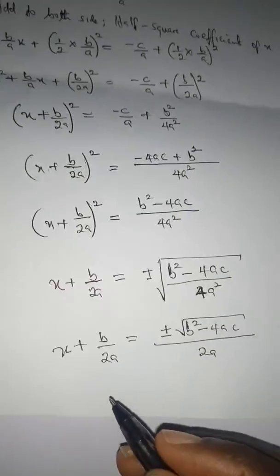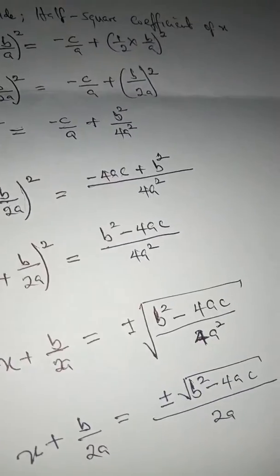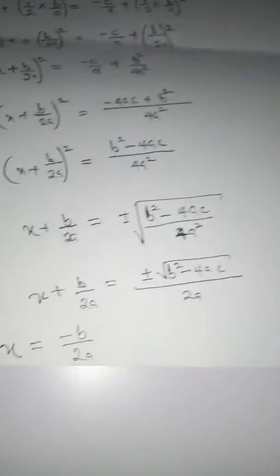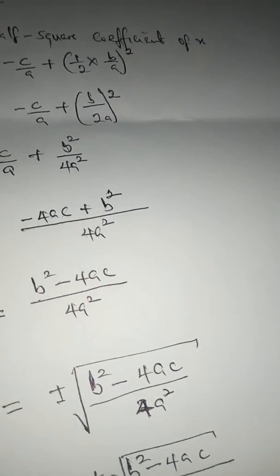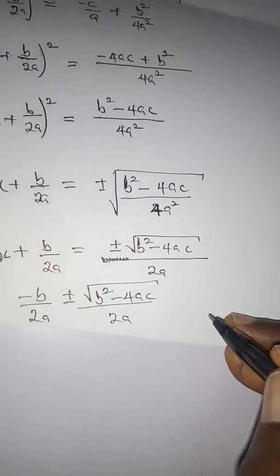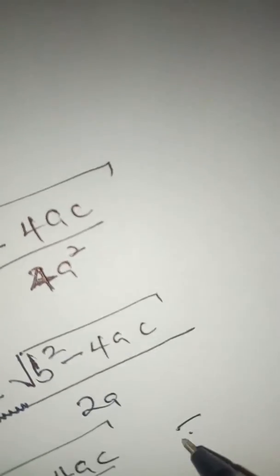So finally we have x equals minus b over 2a, plus or minus the square root of b squared minus 4ac over 2a, which is the same as, by equality, we have minus b.